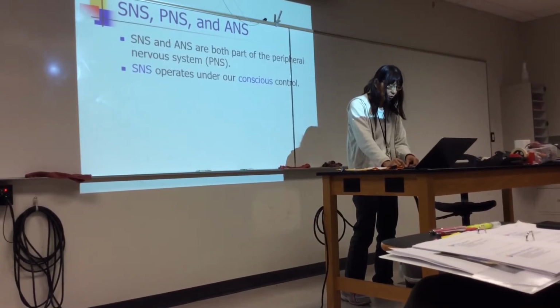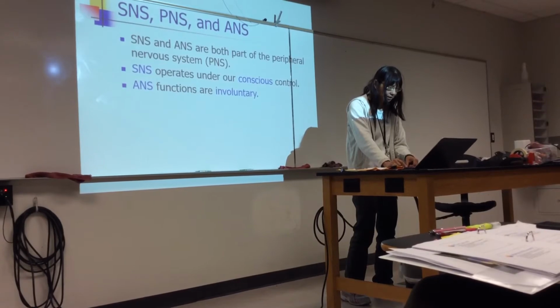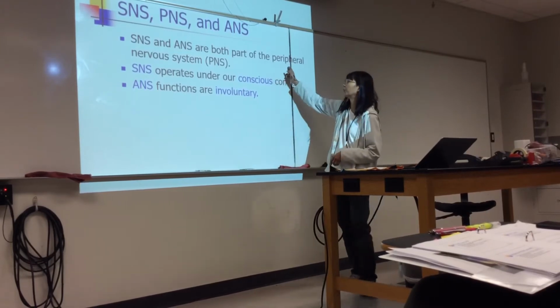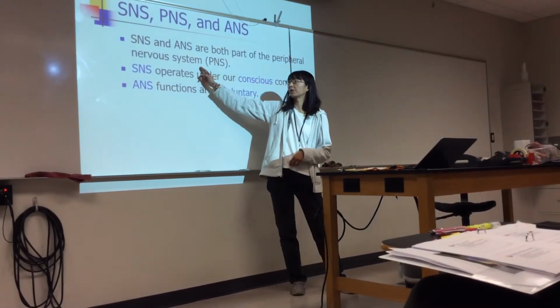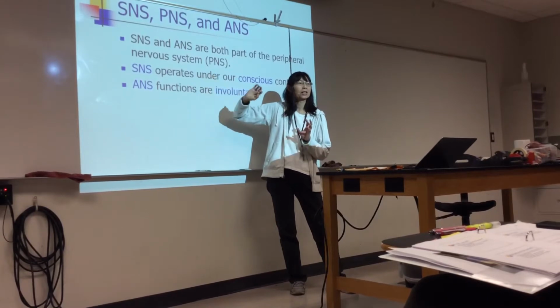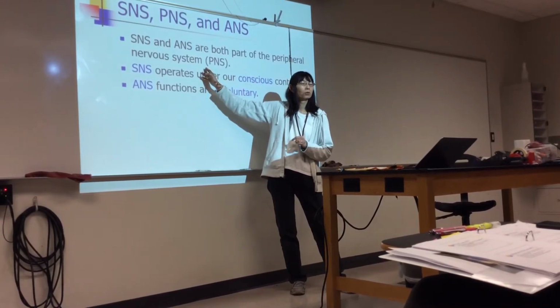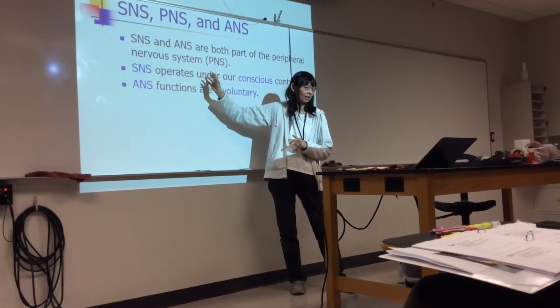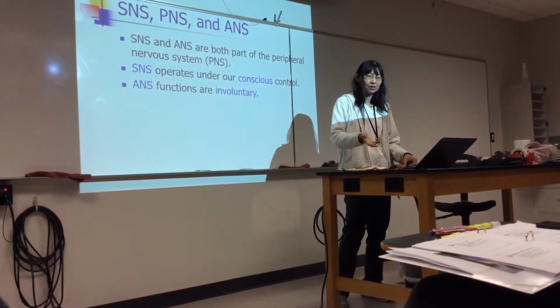But let's go into this. Both the somatic and the autonomic are part of the peripheral nervous system. What does that mean? We're outside the brain and spinal cord. Outside the brain, that's the peripheral nervous system, correct?